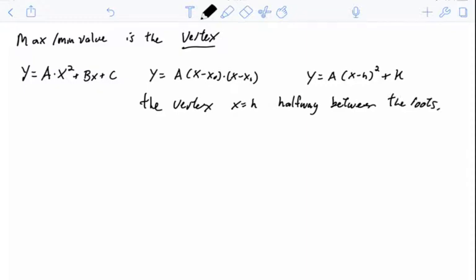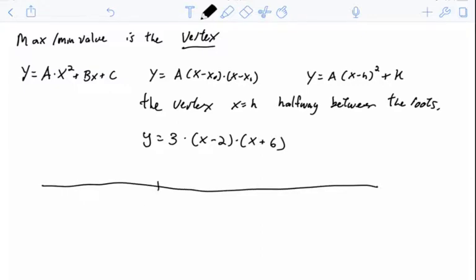Okay? So watch. y is equal to 3 times x minus 2 times x plus 6. All I have to figure out is where is halfway between the roots. If you want to draw a picture, that's fine. Minus 2, 6. You just need to figure out where halfway is between those.